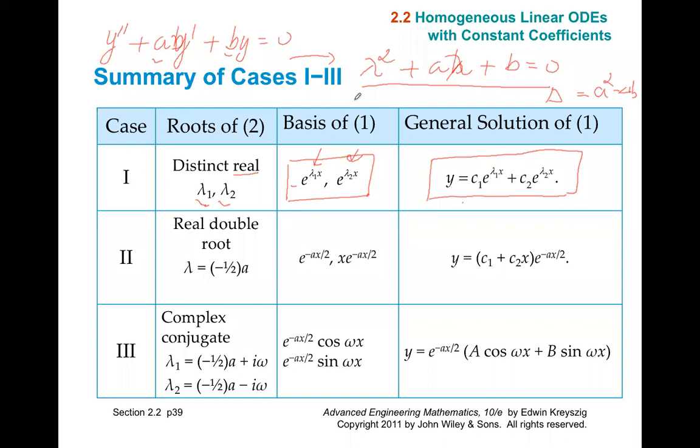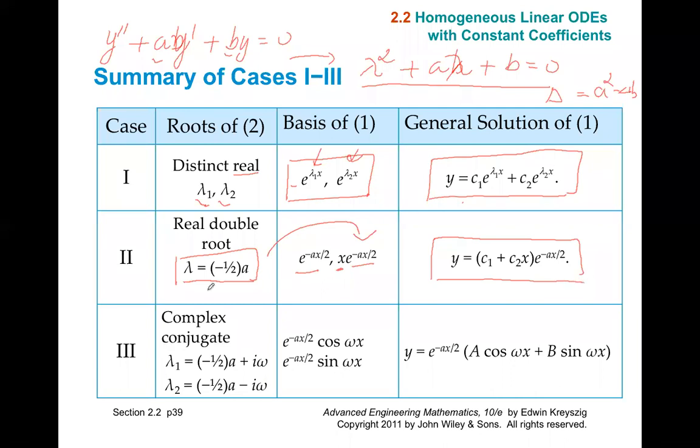Next, in case the characteristic equation has a real double root, we have only one root, and we can calculate another basic solution, y2 equal to x multiplied by the first, y1. So we can use the equation, and finally we obtain the general solution.